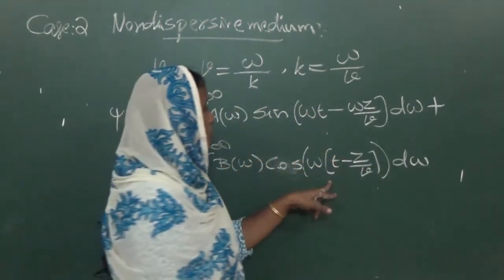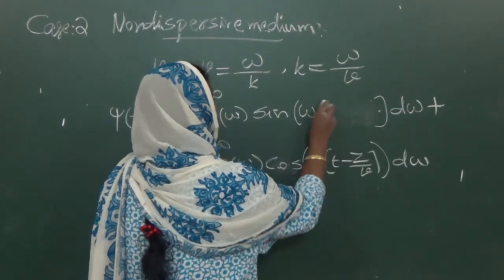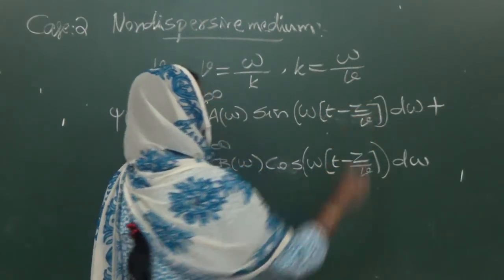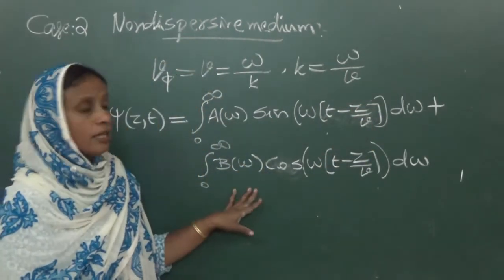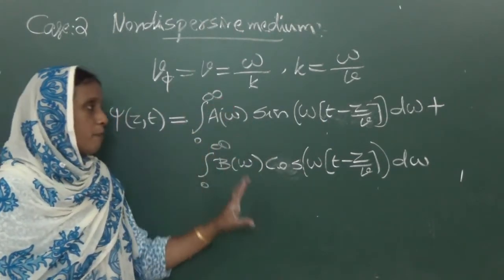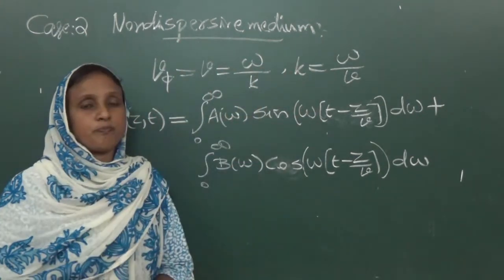Here also you can write it like this, that means omega into t minus z by v. This is the equation for a pulse in a non-dispersive medium.